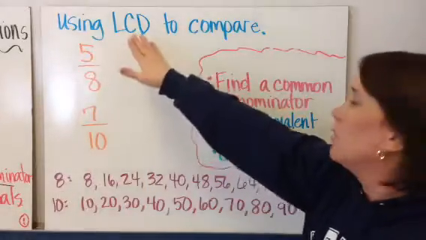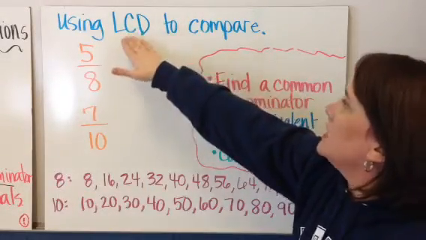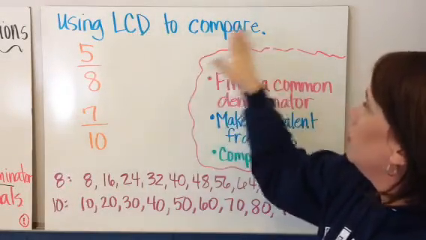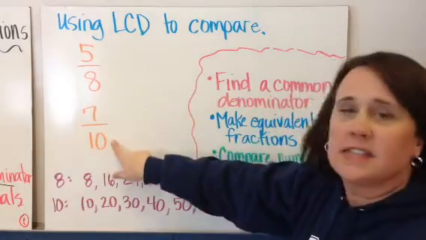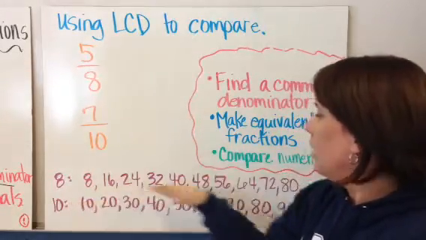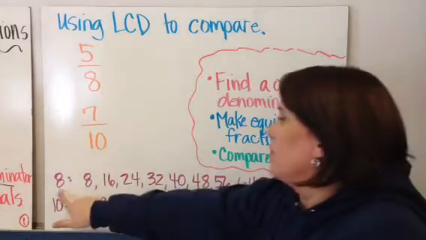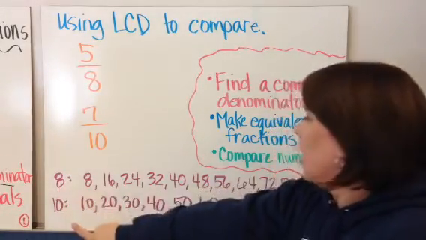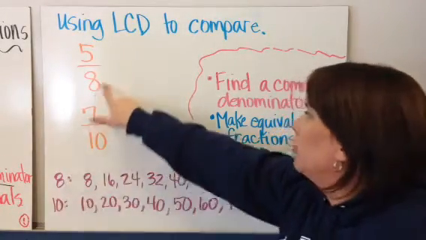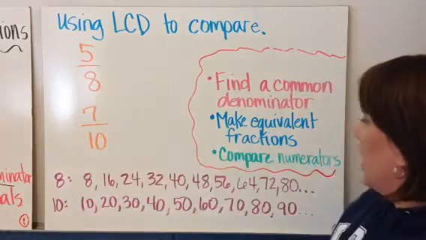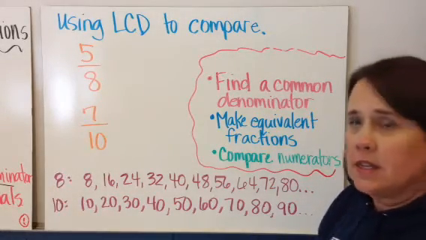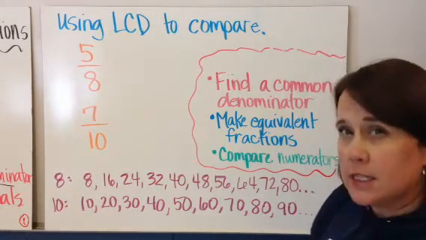Okay, so let's look at using the least common denominator to compare the two fractions 5/8 and 7/10. Down here I've listed the multiples of 8 and the multiples of 10, which are my two denominators, and I'm going to come up with a common denominator, the least common.